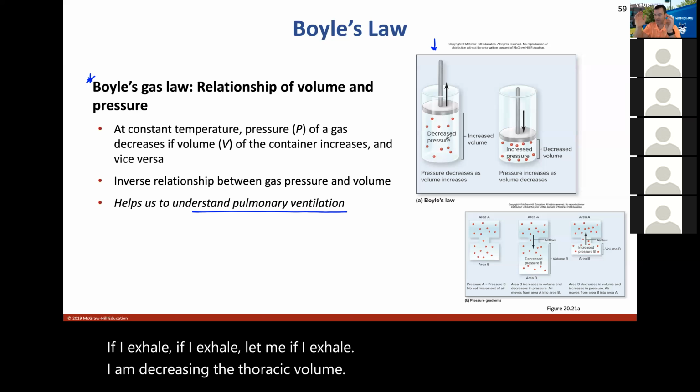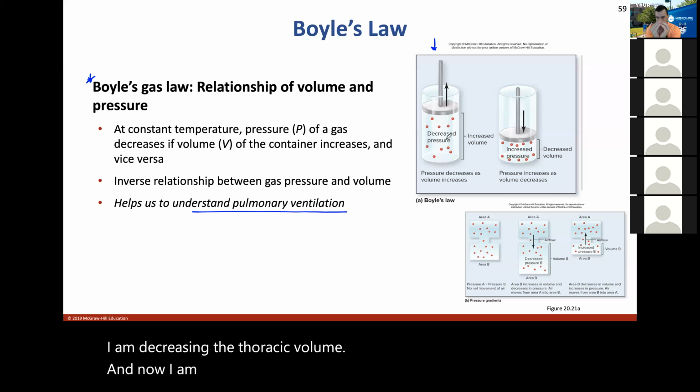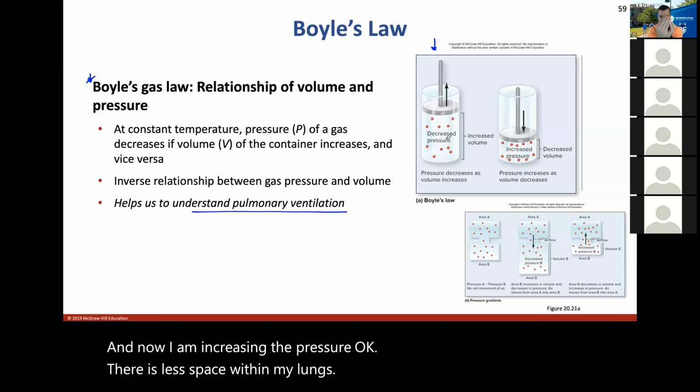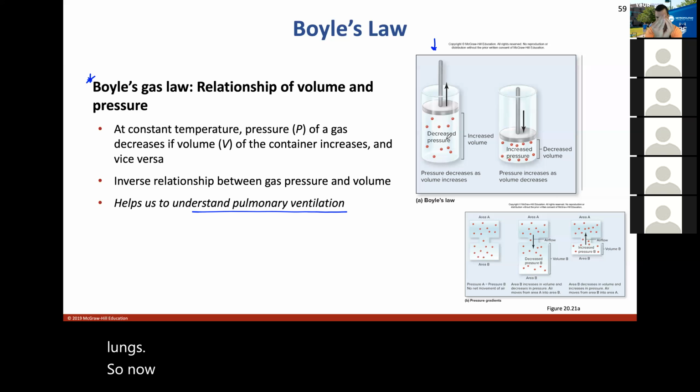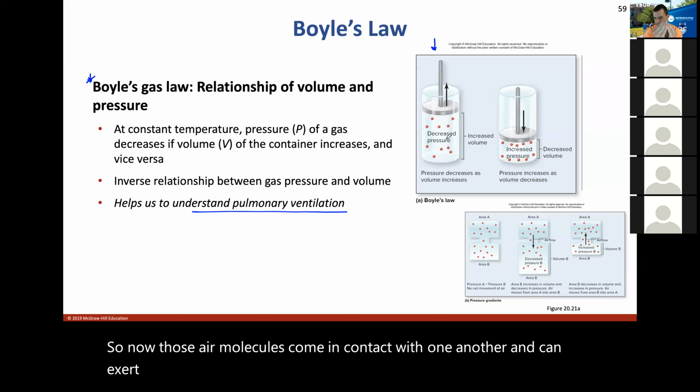And now I am increasing the pressure. There is less space within my lungs. There is less space inside that thoracic cavity, hence less space for my lungs. So now those air molecules come in contact with one another and can exert a higher pressure against one another.